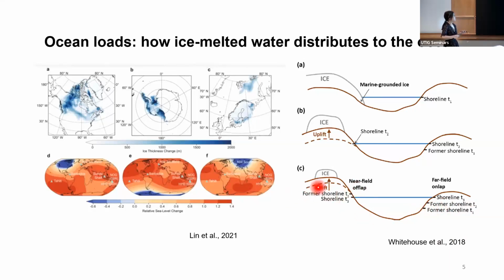For example, in the near field, if the ice is melted, the land underneath the ice will uplift, and the melted ice water goes into the ocean, and in the near field, the shoreline will just go this way. It looks all flat, but in the far field, the opposite happens.